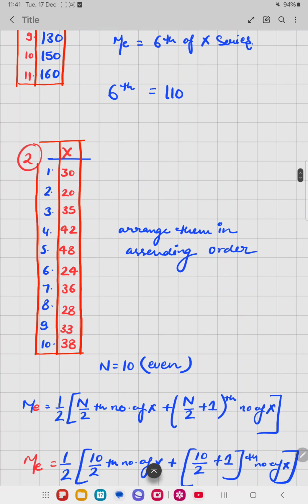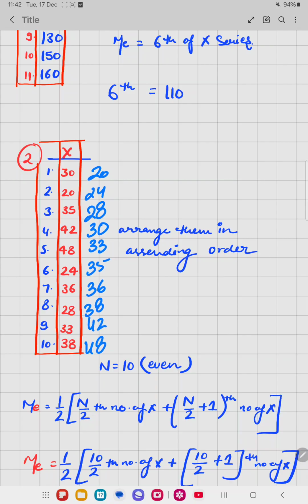If you make this series in ascending order, it will be like this: 20, 24, 28, 30, 33, 35, 36, 38, 42, 48.